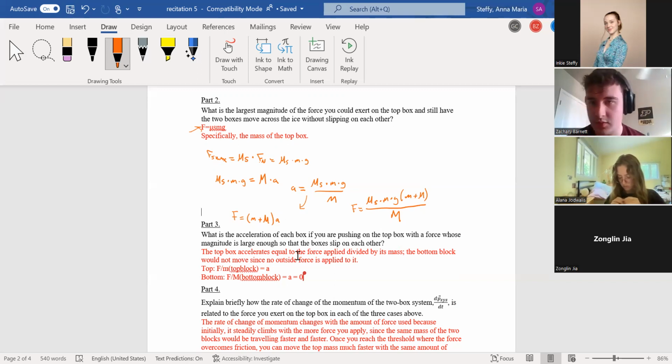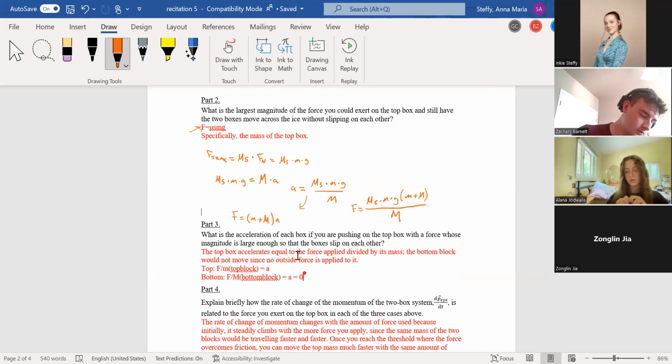Yeah, I'm really not sure if we would have to take into account the friction force. Because, you're right.